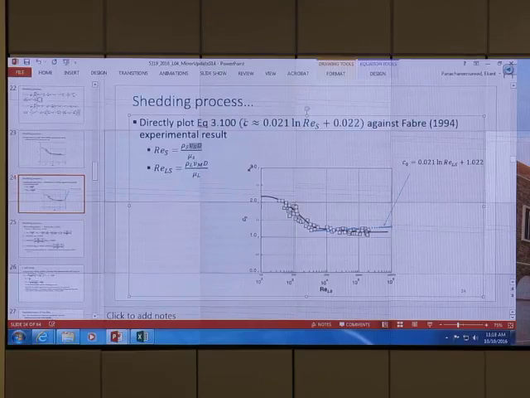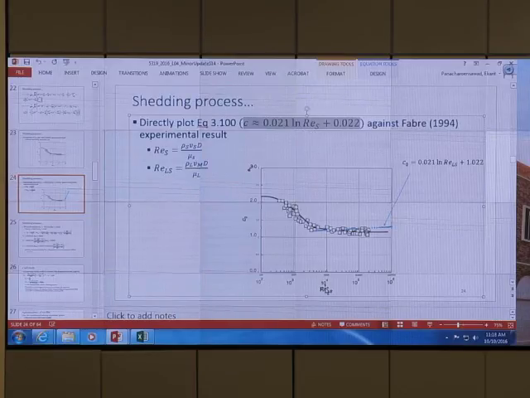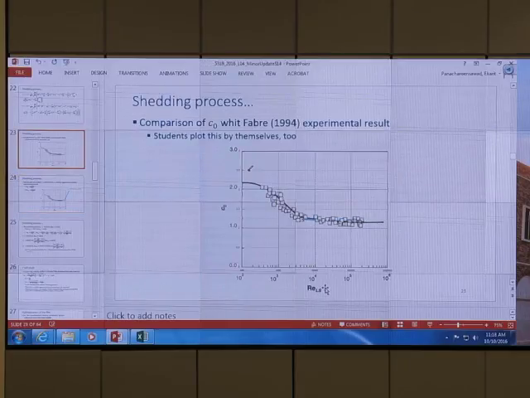Let me ask you this. The equation in the book is like this, right? How do you convert from Re_S to Re_LS? I'm asking why, in the first place, you didn't plot it versus Re_S. Because I cannot compare with the book.